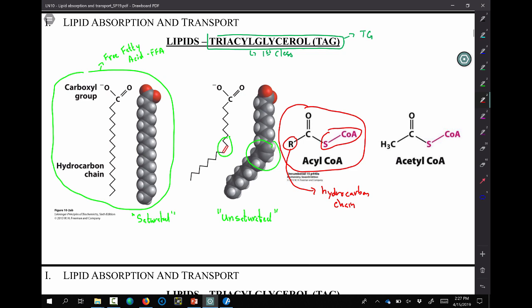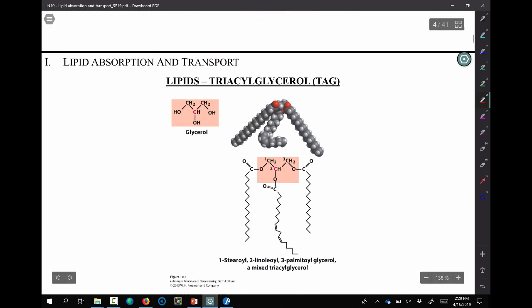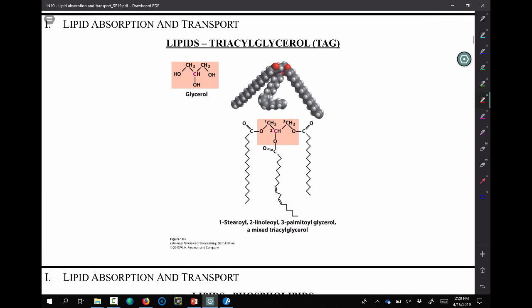Now, that's not really triacylglycerides. You're not looking at anything as a triacylglyceride yet. For triacylglycerides, we take that free fatty acid and attach it to a glycerol backbone. So glycerol here is a 3-carbon molecule. Of course, it's got 3 hydroxyls coming off of that 3-carbon molecule.